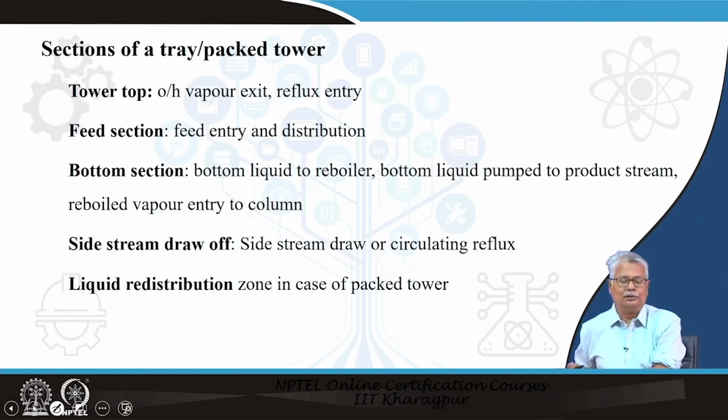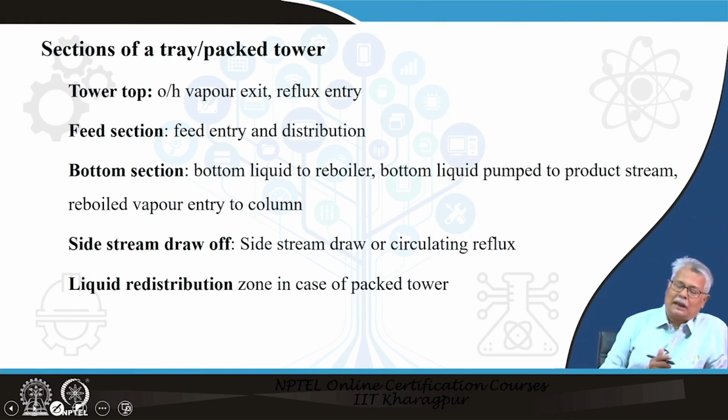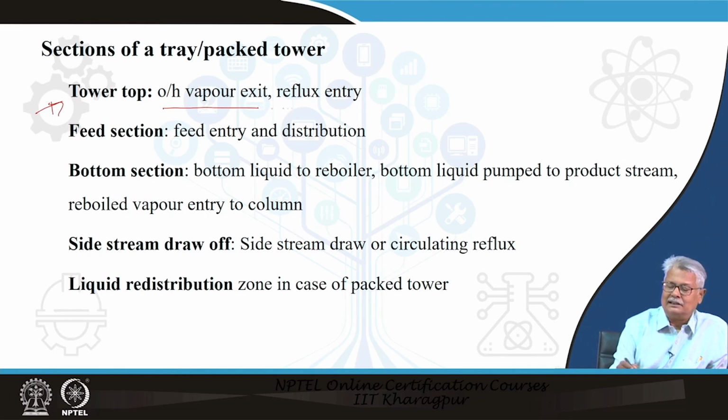When we talk about the different sections of a tray or pack tower, we have to have the details of different sections. We have divided the sections which are common for all types of dispersers, and in the case of a pack tower also. You have to focus on the tower top, which will contain the overhead exit and the reflux entry arrangement.